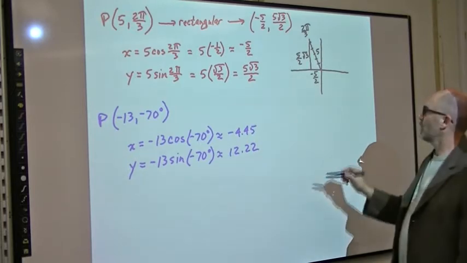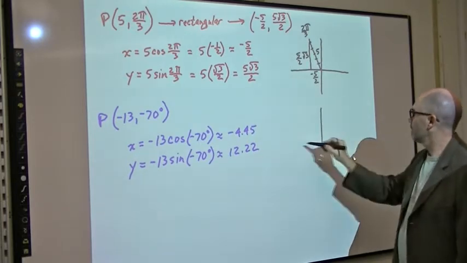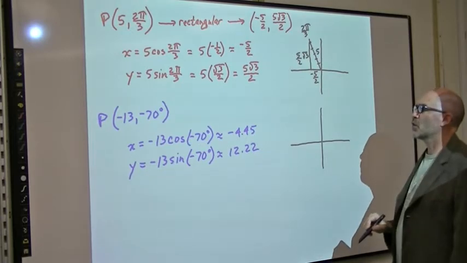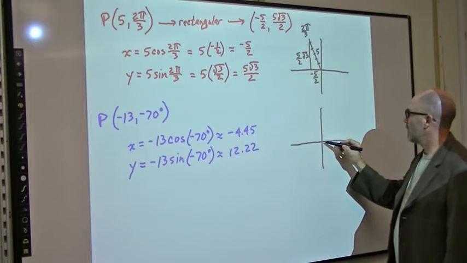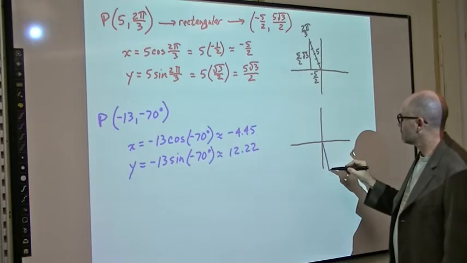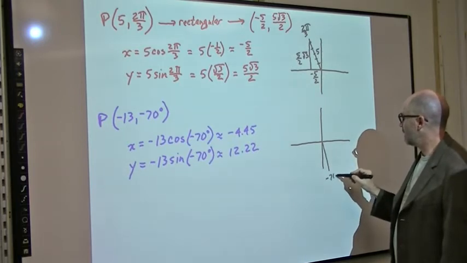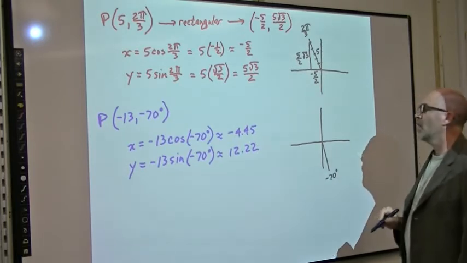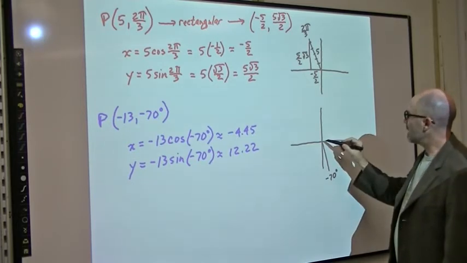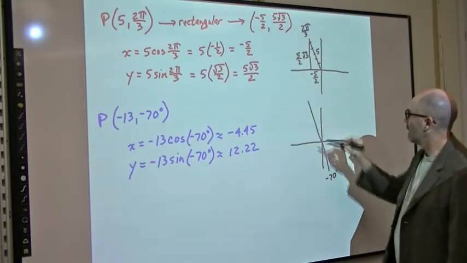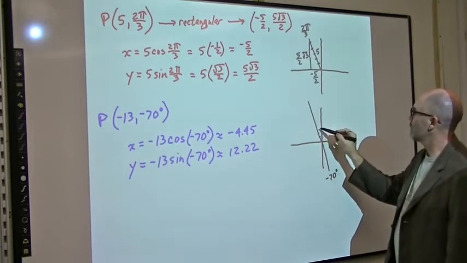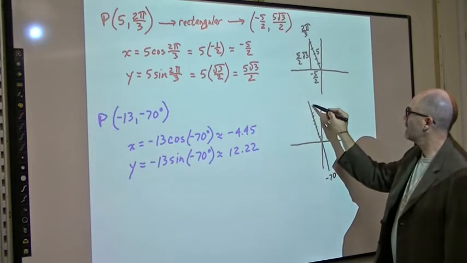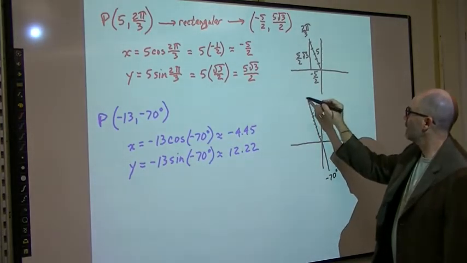Now, same thing over here. If I want negative 13 at negative 70, well, first I need to measure the negative 70 degree angle. So that's going to be down here, negative 70. Remember, it's not positive 70. Well, now, negative 13 is up this direction. So it's 13 up this way. 1, 2, 3, 4, 5, 6, 7, 8, 9, 10, 11, 12, 13, we need an extension.